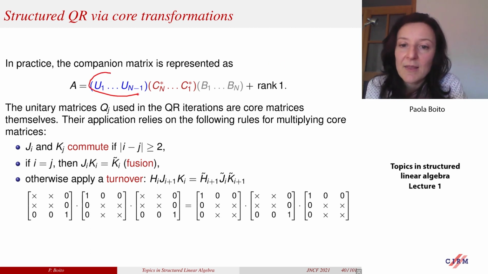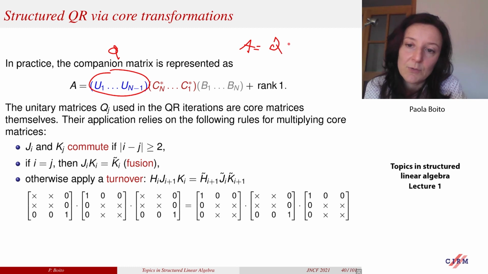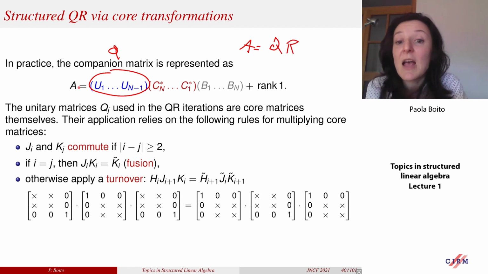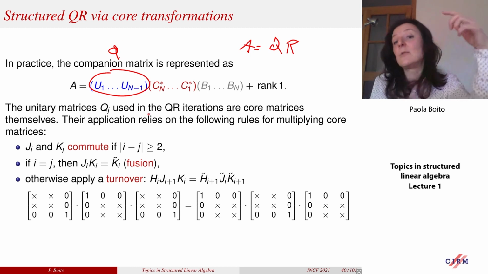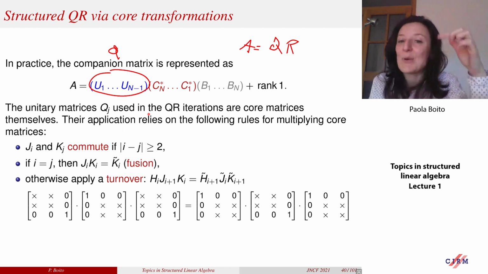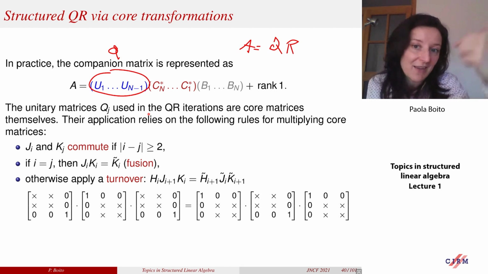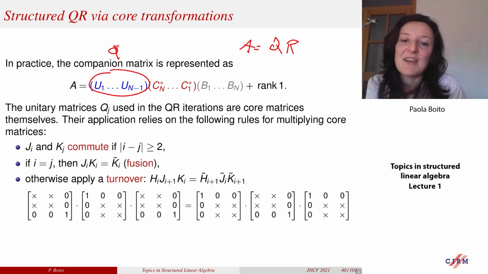So this is a factorization of the Q factor. Okay, so if A is equal to QR, this is a factorization of the Q factor because A is upper Hessenberg. So when you reduce it to triangular form, basically what we apply is a sequence of 2 by 2 matrices that put 1, 0 at a time in the subdiagonal. So that's why you can factorize Q in this way.